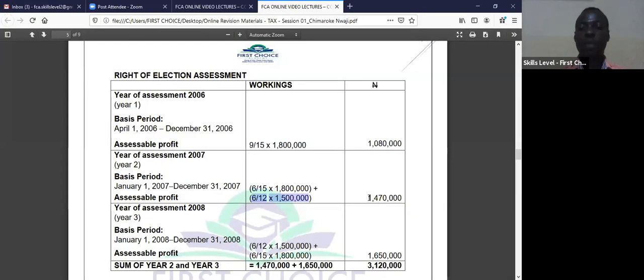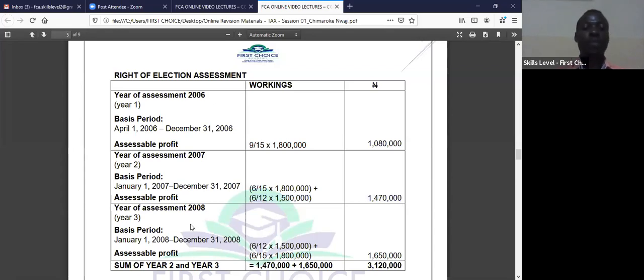Now you add the 720 that you had before. It gives you 1,470,000. So that's what your value is, 1,470,000. That is how we got this figure here.